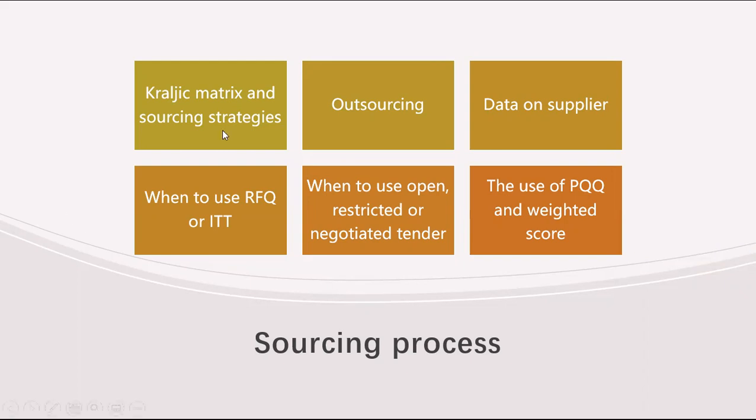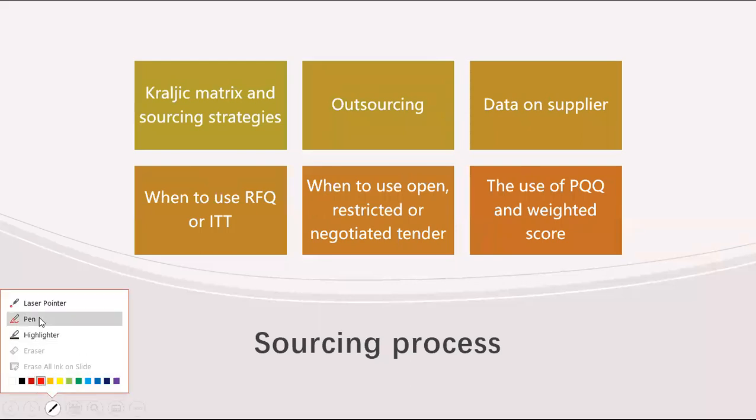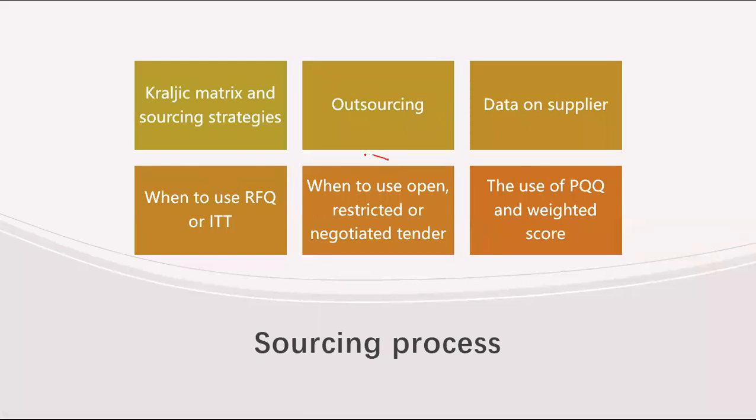We should focus on this here. When to use open, restricted, or negotiated tendering. About this topic, I want to note that there is also a question on what is the distinctive feature of open, restricted, or negotiated tender.